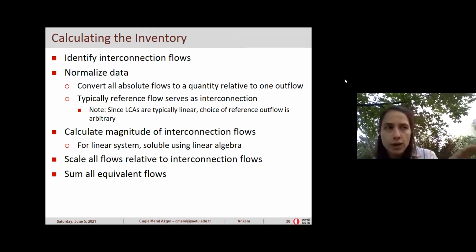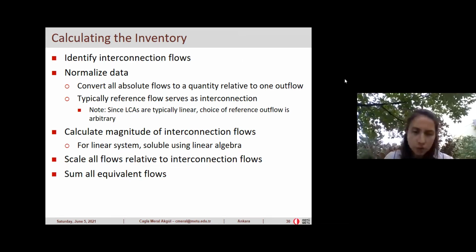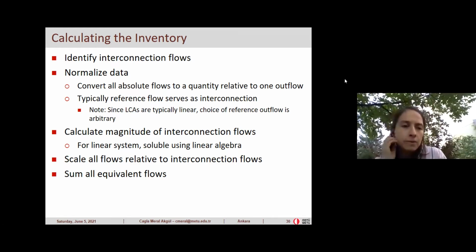So you have to arrange everything according to how much material or energy I need to produce that particular functional unit of that product. And typically, you need to also normalize data because the reference flow serves as your interconnection, whatever reference flow you choose. LCAs are typically linear, and the choice of reference outflow is arbitrary, it's up to you.